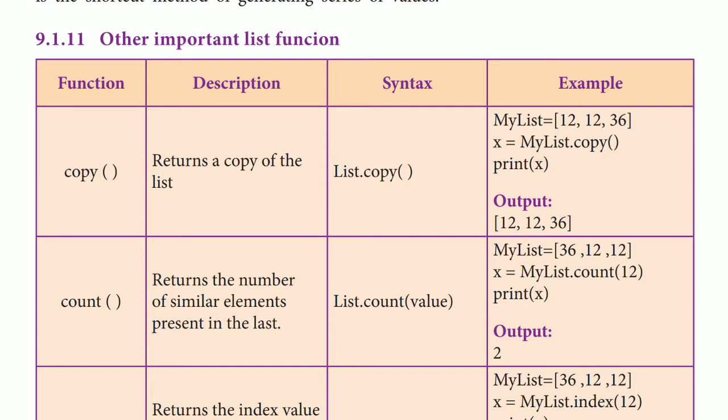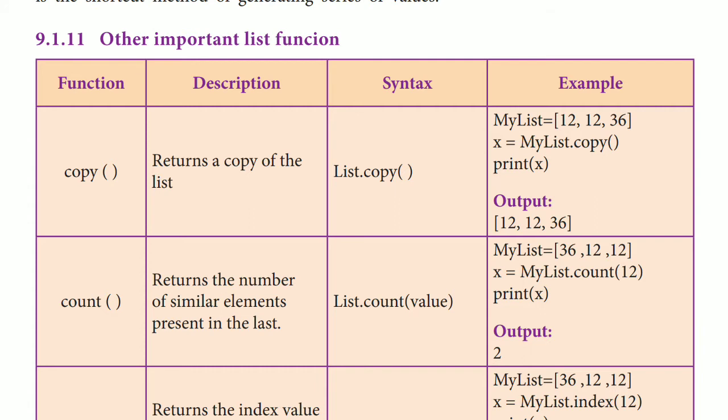Next is count, which will return the number of occurrences of a value that is present in the list. In my list there are three values, at index 0, 1, 2. So you can see x is equal to my list dot count 12.